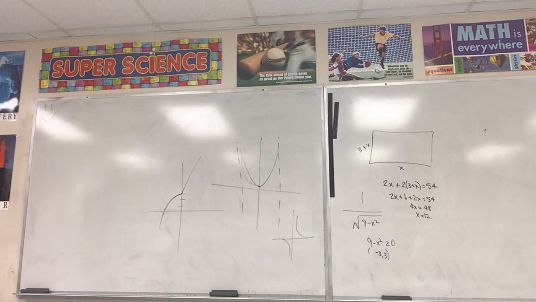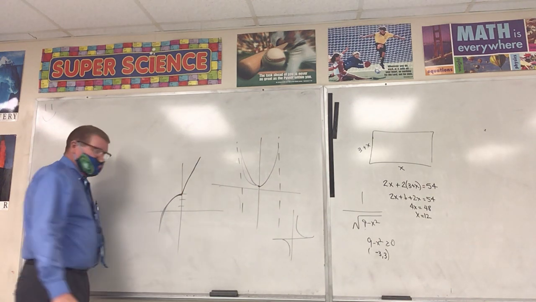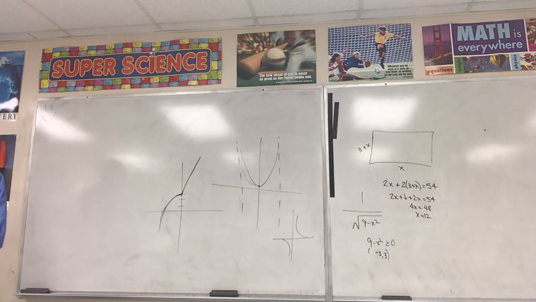Why not? Is there a hole there? No. I can take my pen and not lift up my pen, so it's not discontinuous there. The one graph starts where the other one left off. That's basically what happened.